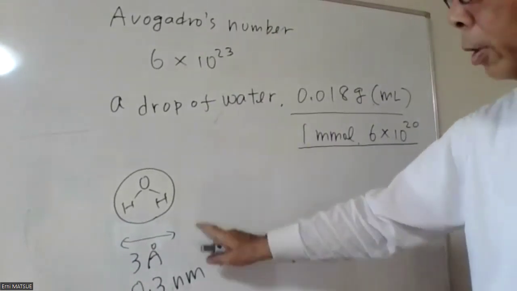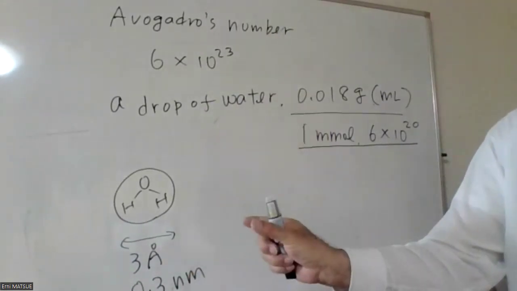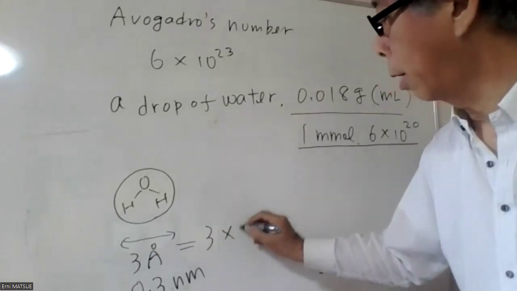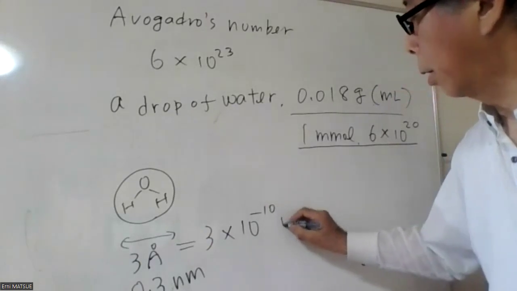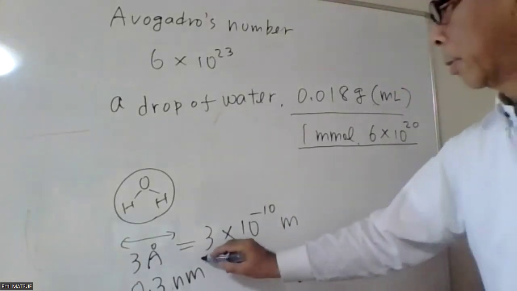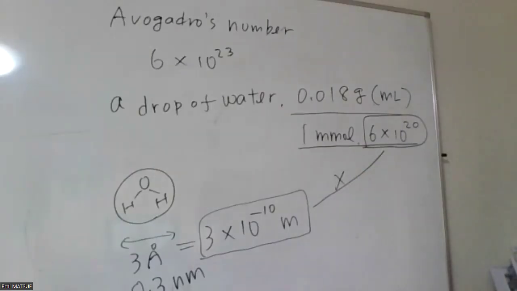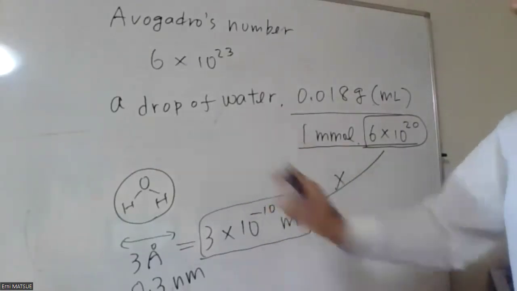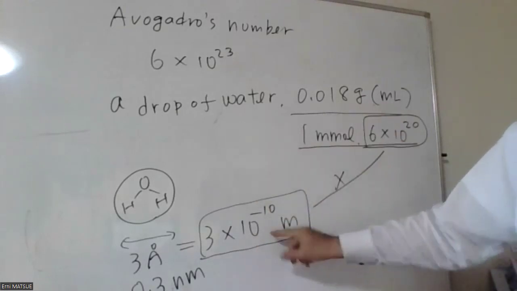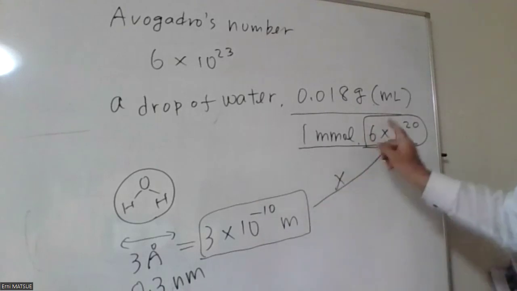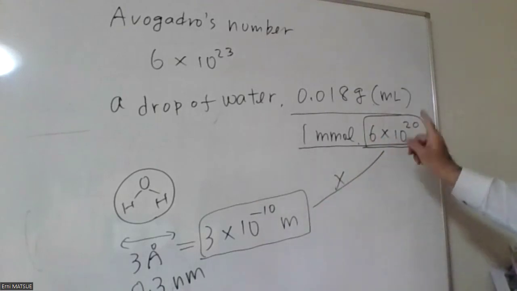The size of water is about 3 angstrom. 3 angstrom is equal to 3 times 10 to the minus 10 meters. The size of one water molecule is very small. But the number of water molecules is very large.